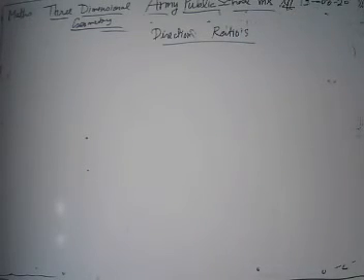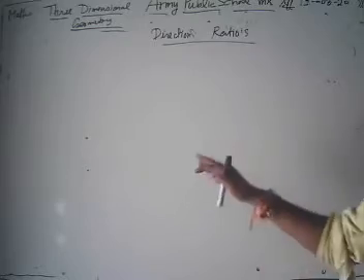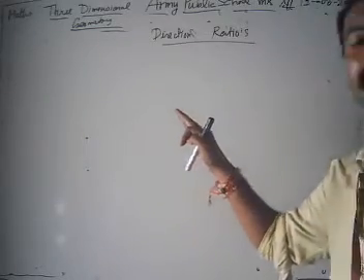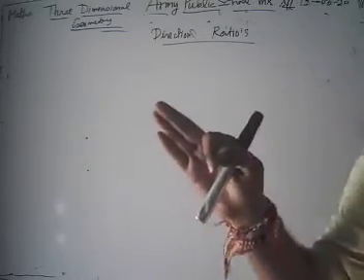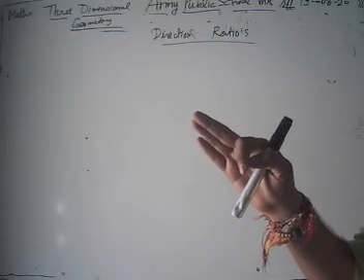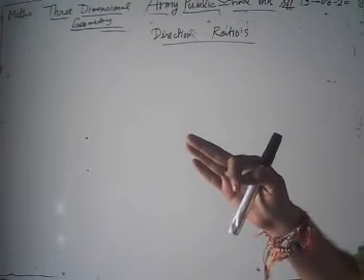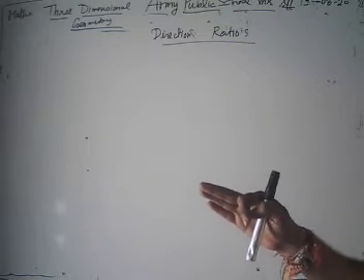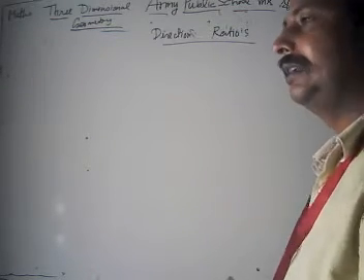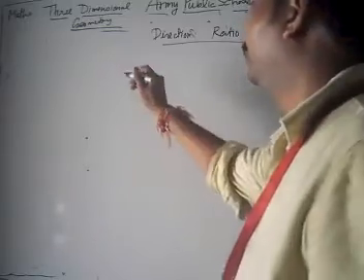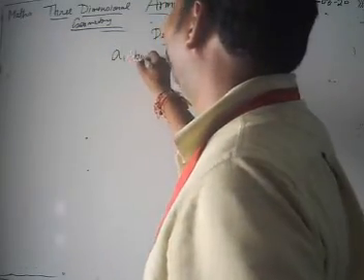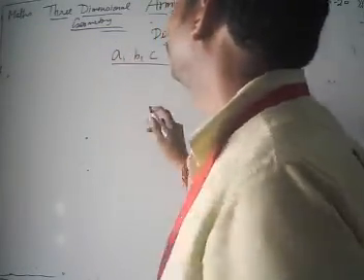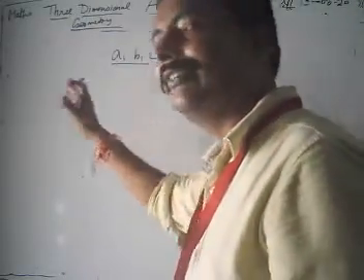How can we define direction ratios? If we have the direction cosines l, m and n for a given line, then three numbers a, b, c which are proportional to our direction cosines are known as the direction ratios of the given line.